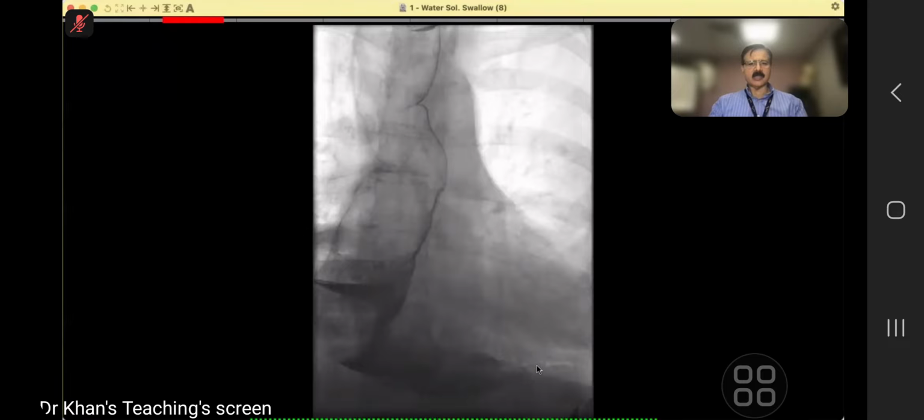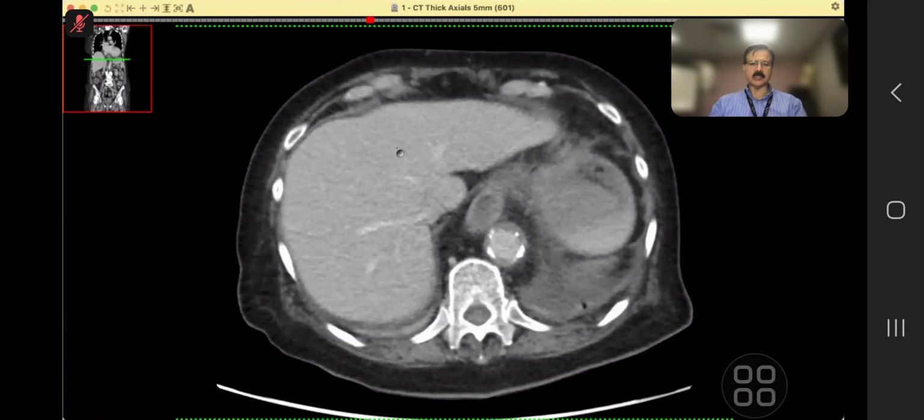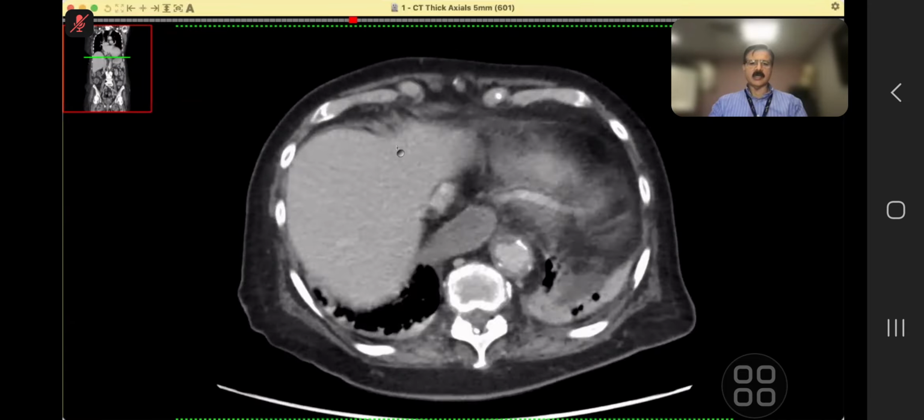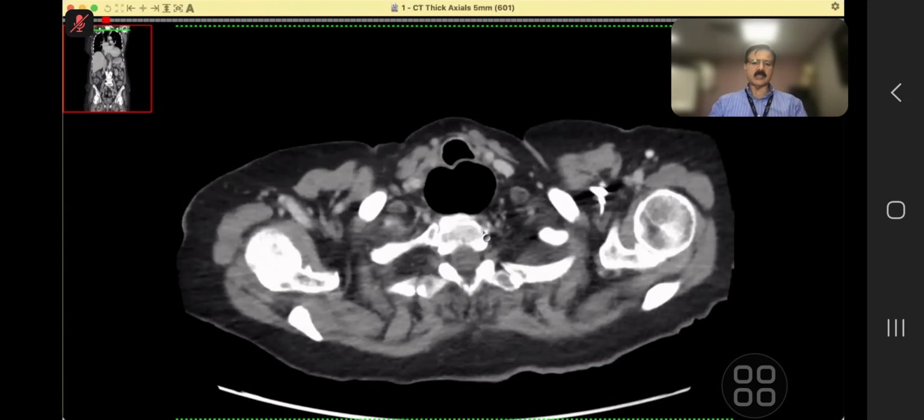And then CT, the correct answer was CT. With that, of course, endoscopy. That is the correct answer, which the candidate also mentioned. So here you can see, look at the esophagus.